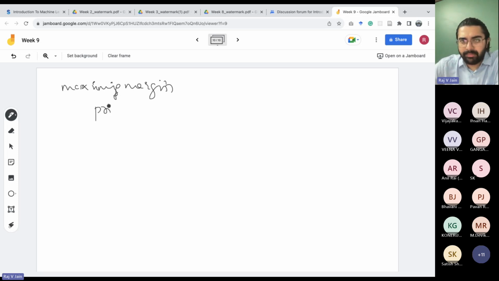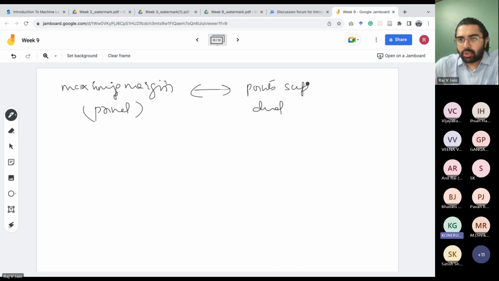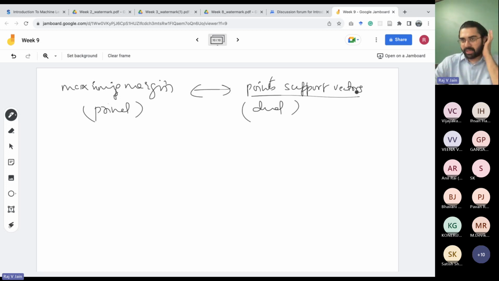Maximizing margin is the primal problem, and the dual formulation is basically trying to look at which points are support vectors. So the whole learning is discovering the support vectors. If you know which points are support vectors, you can recover the margin and the plane also, so both are equivalent.